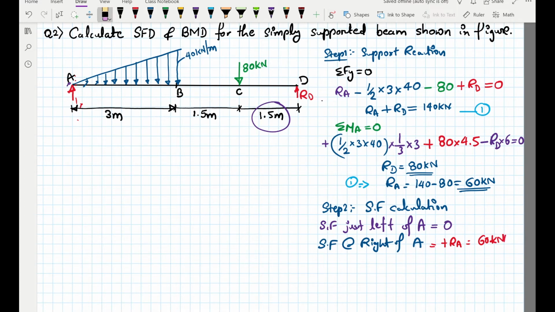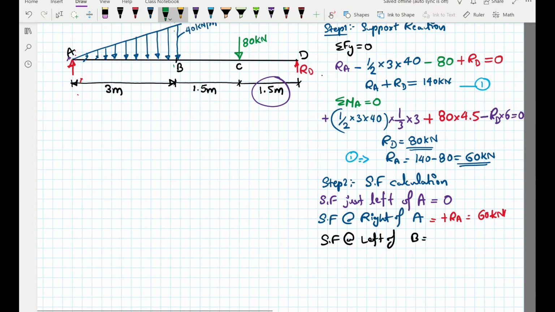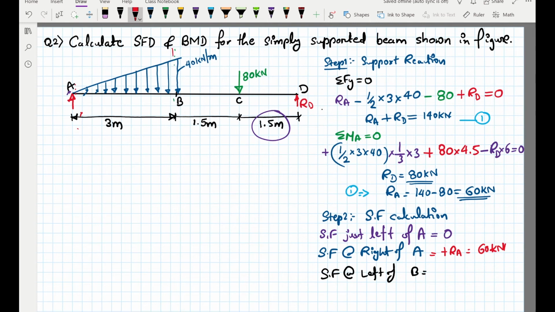Then I am going to consider shear force at left of B. If I consider one section somewhere here just to the left of B, the summation of all the forces just to the left of B: RA is acting upward, positive, then the triangular load that is acting downward, therefore minus half into the base of that triangle, 3 meter, into the height of the triangle, 4 meter.